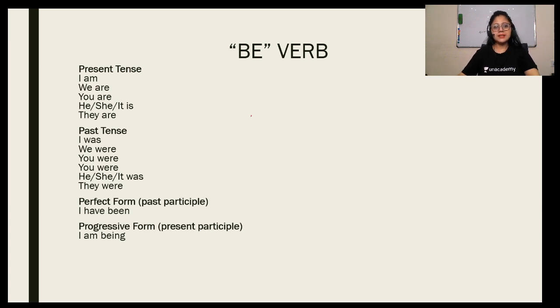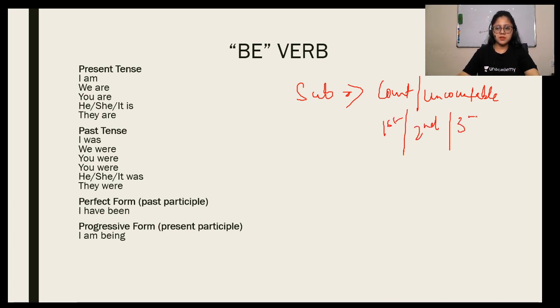So, why is the be verb so important in the subject verb correlation? To understand be verbs better and the main verbs better, it is very important to understand that the subject, depending on whether it's countable or uncountable, or whether it is singular or plural, or first, second, or third person, depending whether it's a pronoun or a noun, will determine what your verb is.